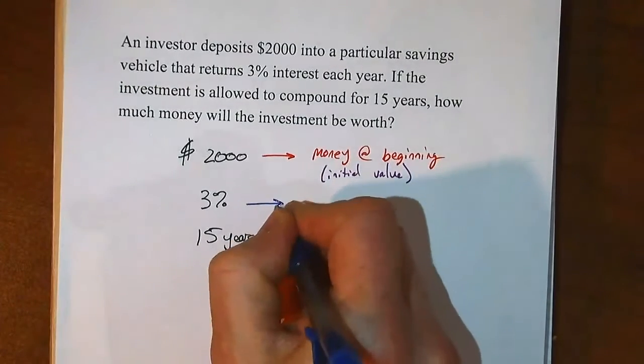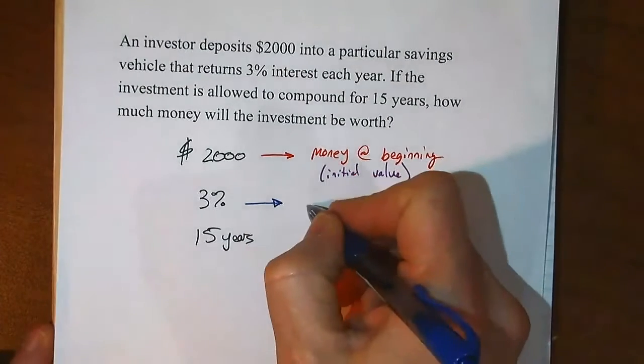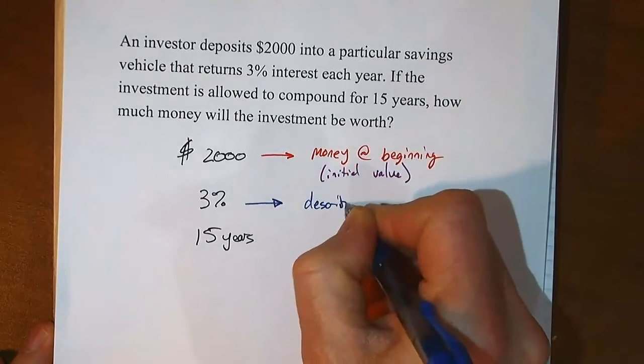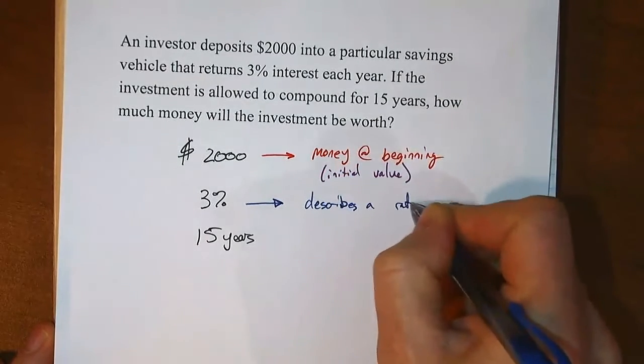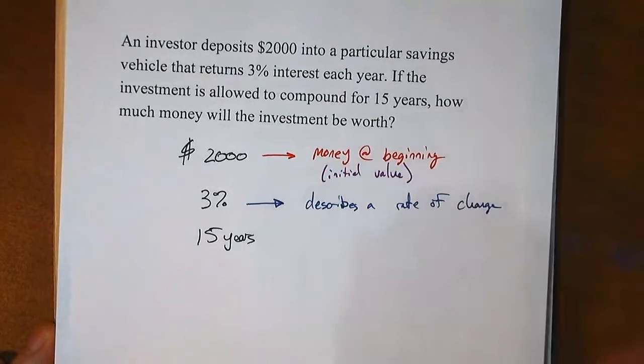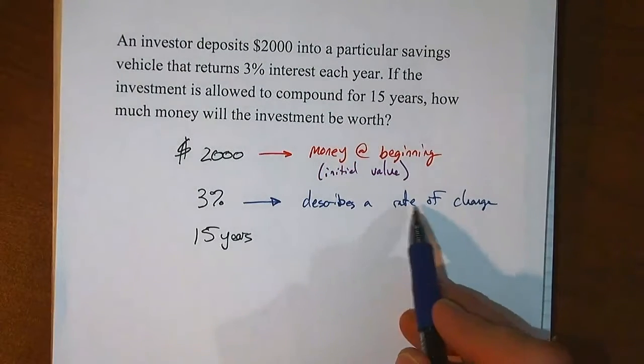Okay, 3%. That's describing how it's changing, the amount of growth that we're getting, how much money they're giving us every time. So this describes the rate of change. How fast is the money that I have changing? Now, perhaps this is a poor choice of words.